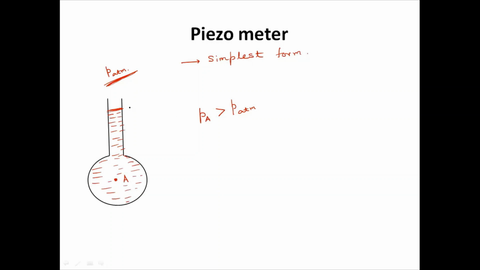We are not calling it piezoelectric, it is a mechanical type. So here you see it takes a height of H. If you measure this height, it has taken as H.